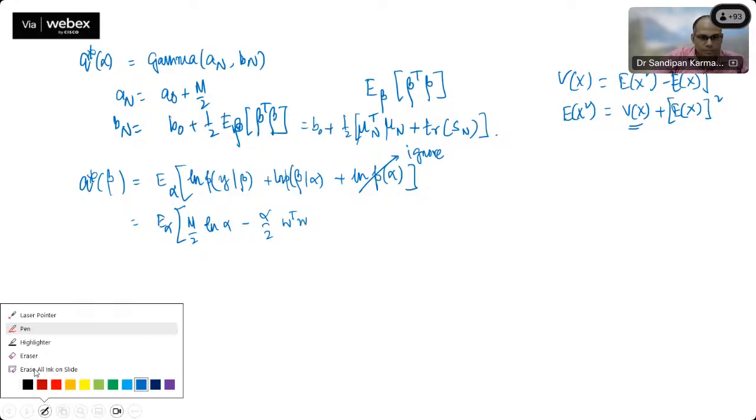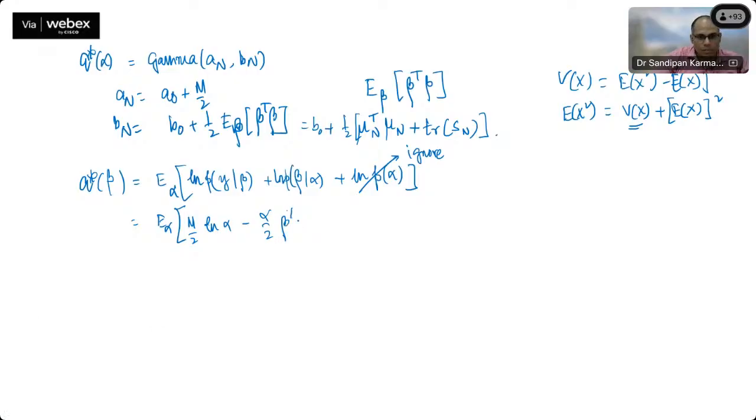Sorry, still it is W in my mind. Plus ln p of beta given alpha. Okay, one minute, I'm doing this thing wrong.